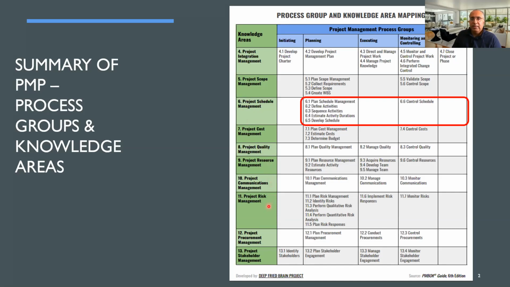And then risk is anything that can go wrong in the project. And then procurement is obtaining anything from outside of the company, material or consultants or other procurement, how to manage those. And then stakeholder management is anybody who will be affected by the project.